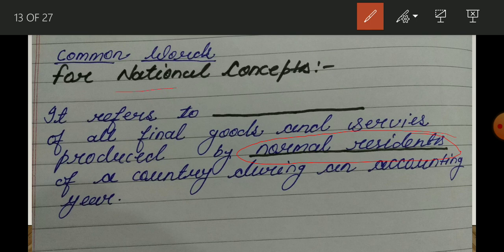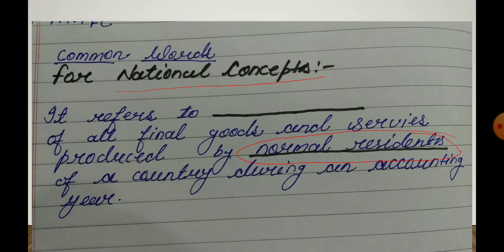Because it is a national concept. The national concept includes all the factor income that is earned by normal residents. So there will be one change in this common line. In domestic we will write within the domestic territory. On the other hand, in the national concept we will write by normal residents. So let's start.